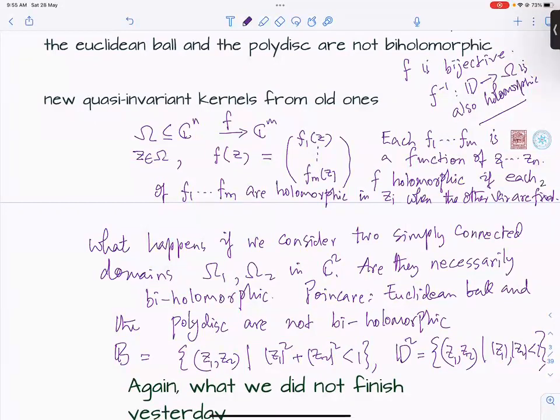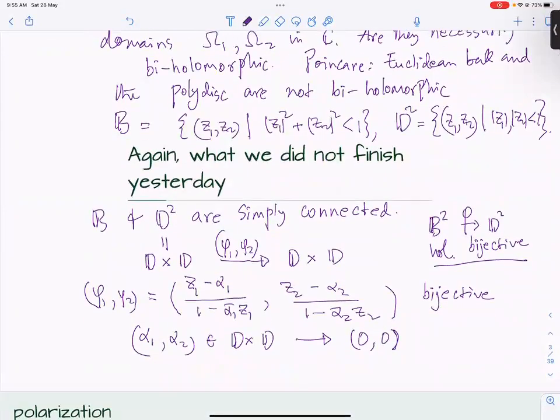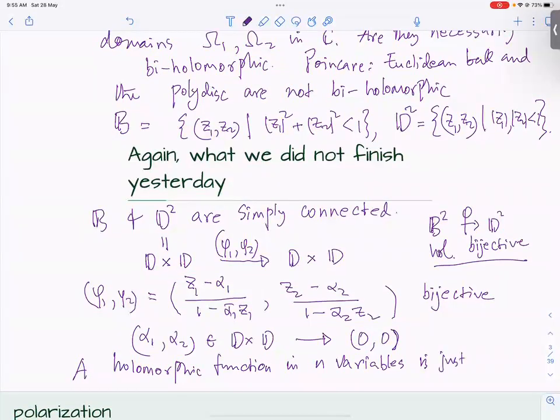One thing I want you to remember is that a holomorphic function in n variables is just holomorphic in each variable separately.